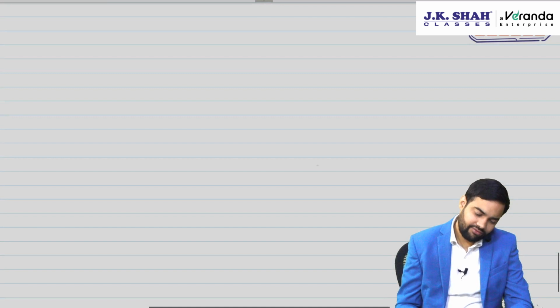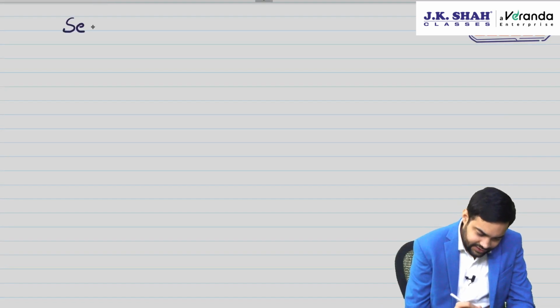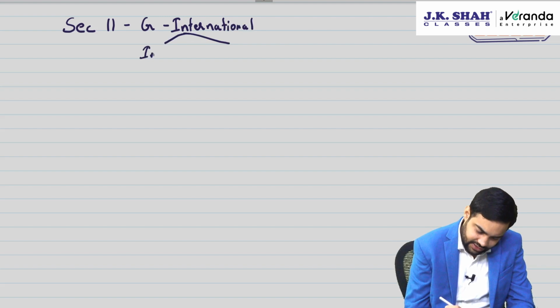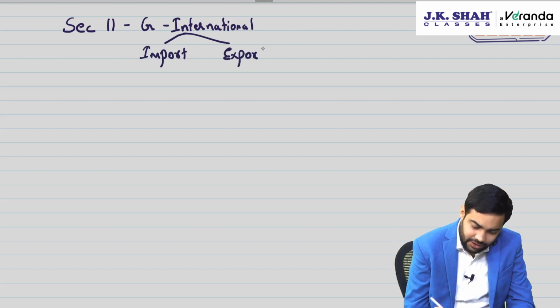Then you have a very simple discussion of section 11. Section 11 deals with goods international transaction, and there are only 2 international transactions. One is import and the second one is export. Import, the place of supply will be location of importer. Careful, it says location of importer.